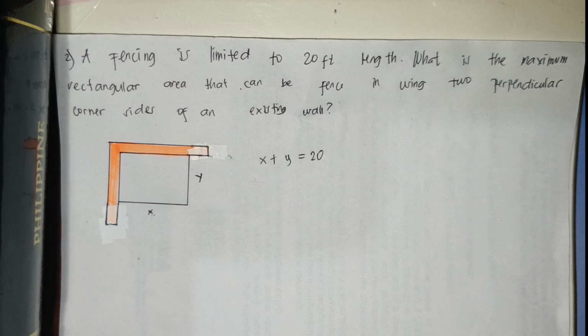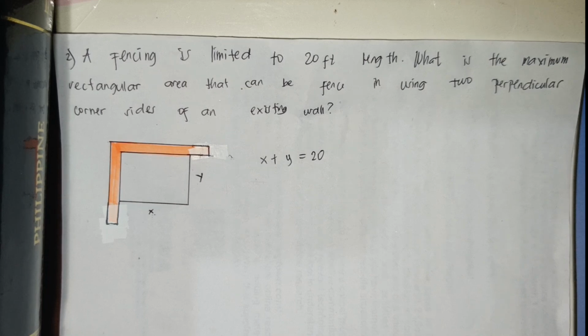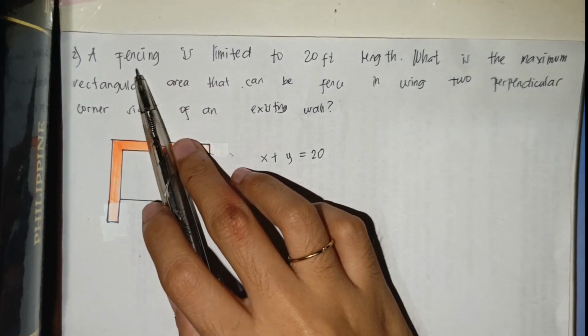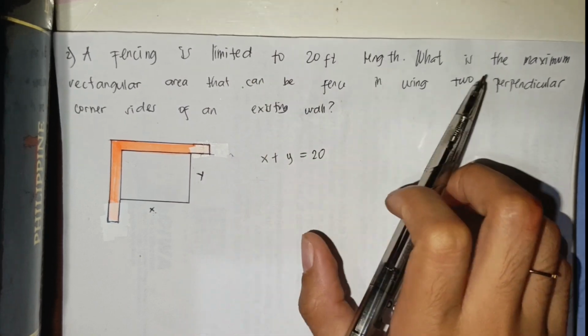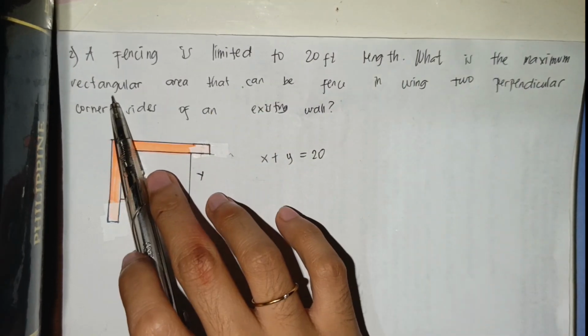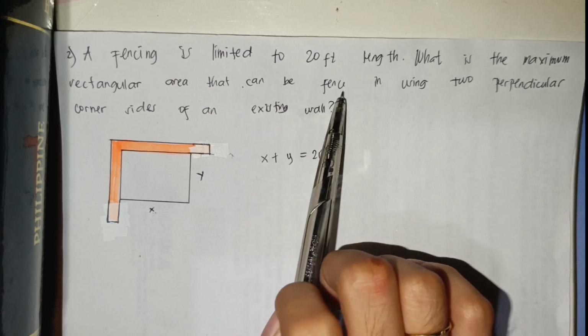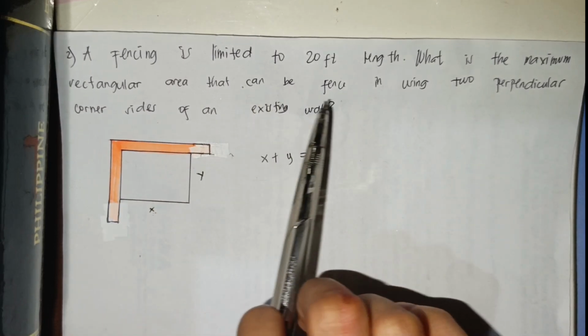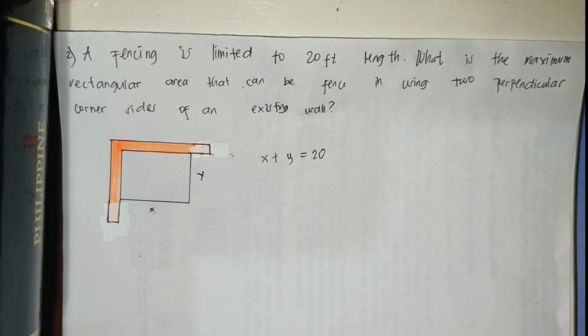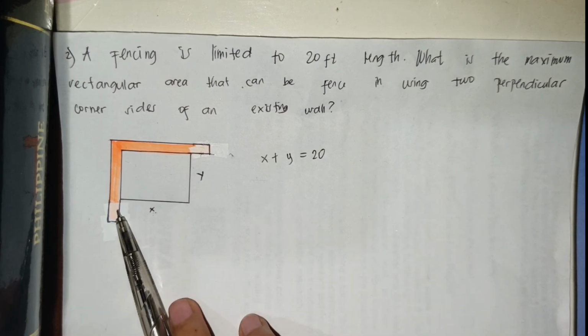So, let's move on to problem number 2. A fencing is limited to 20 feet length. What is the maximum rectangular area that can be fenced in using 2 perpendicular corner sides of an existing wall? So, mag-draw ta og illustration and kani mao ni ang illustration.